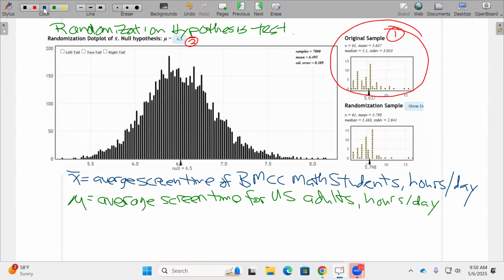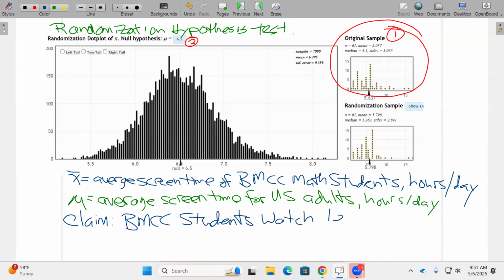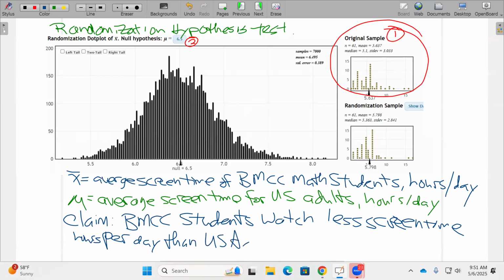Sometimes we will go for that, but in this case we have a claim based on our confidence interval, and that claim is that BMCC students watch less screen time, hours per day, than US adults on average.